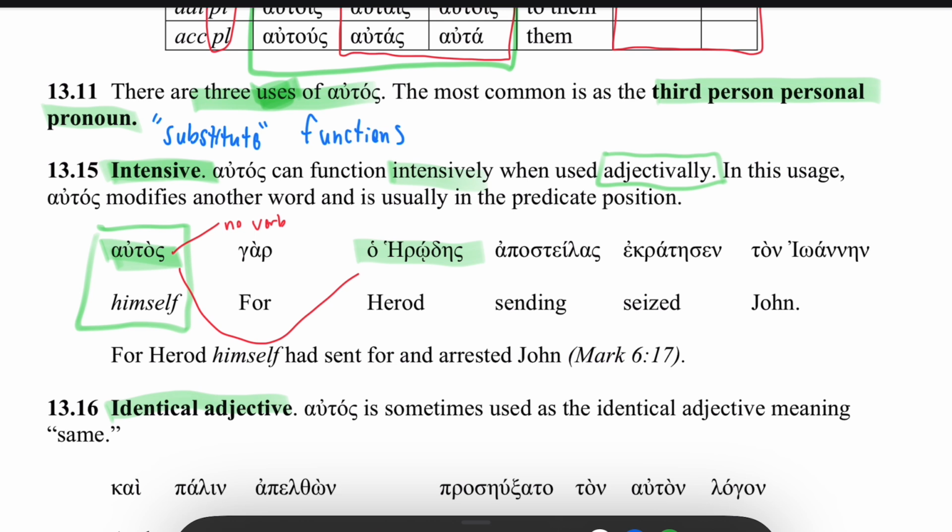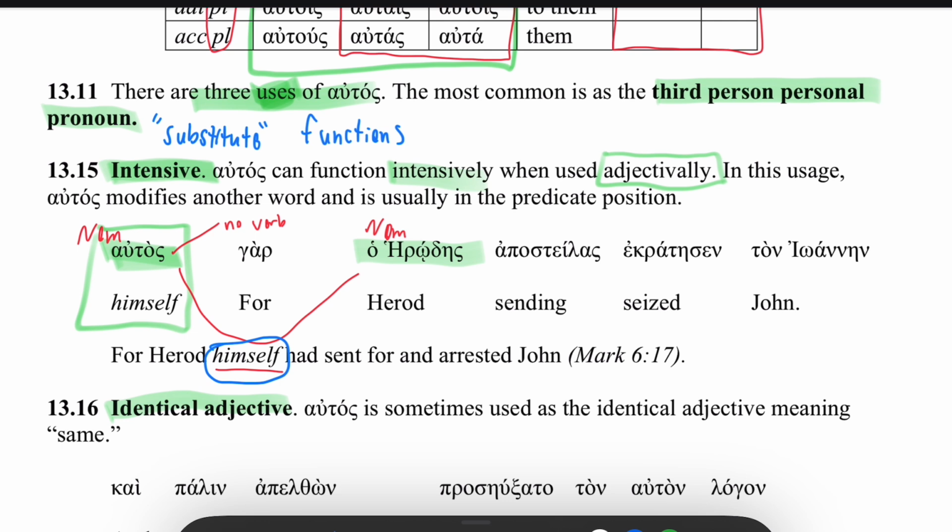Because it's in the nominative, and Herod here is in the nominative, we know autos is modifying Herod, and since it's not modifying it as a possessive, we would translate it as Herod himself to add that emphasis. Now in English, we have an actual word to do that. So we don't have to say, Herod him had sent for and arrested John.